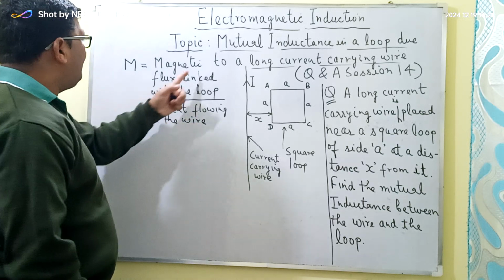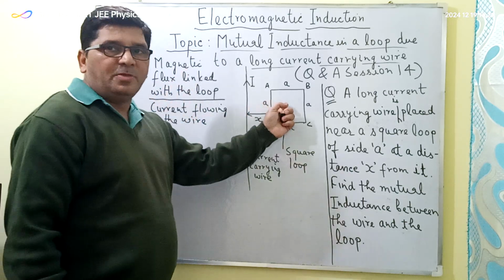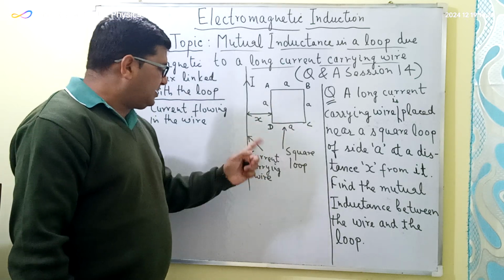So here we have to find the magnetic flux which is linked with this square loop due to the current which is flowing in this long wire.